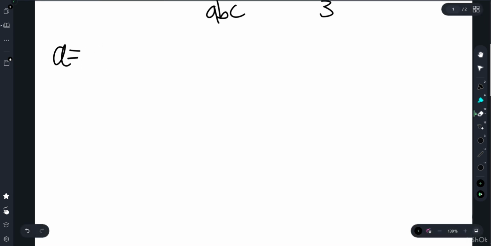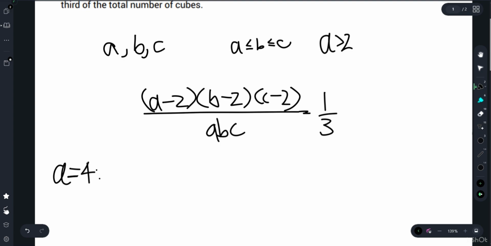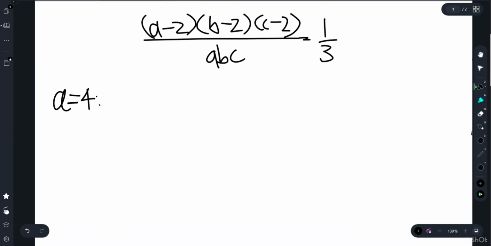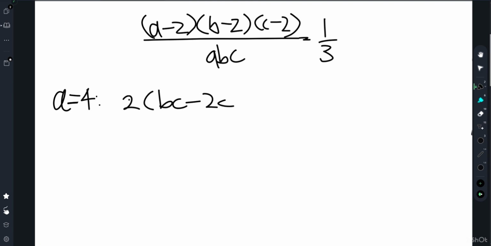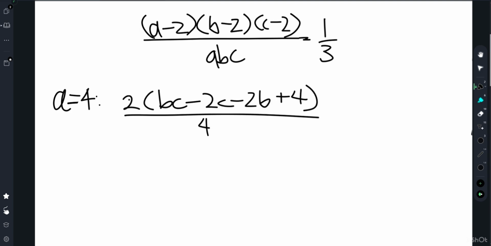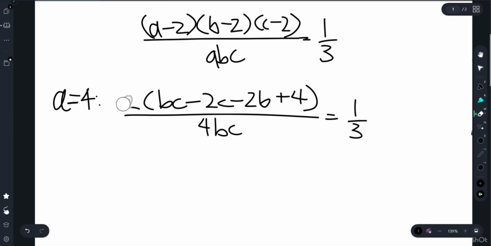Now let's try A equals 4. If A equals 4, our equation is (2BC minus 2C minus 2B plus 4) all over 4BC is equal to 1/3. We can cross out the 2 and the 4 and yield another 2.